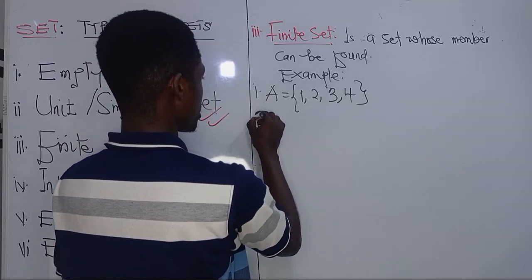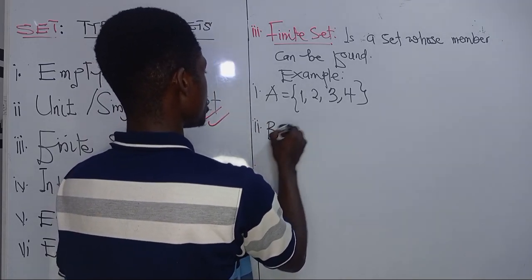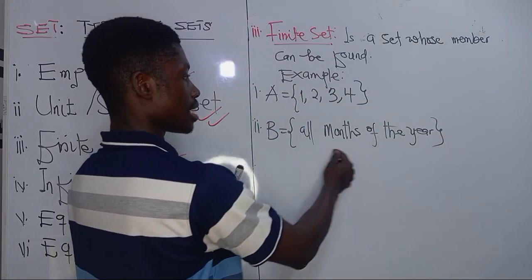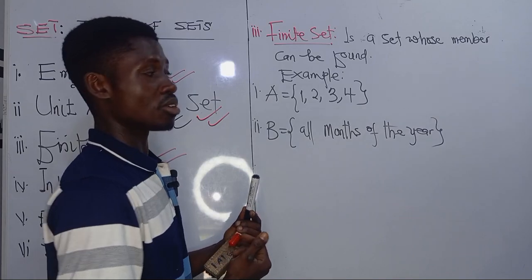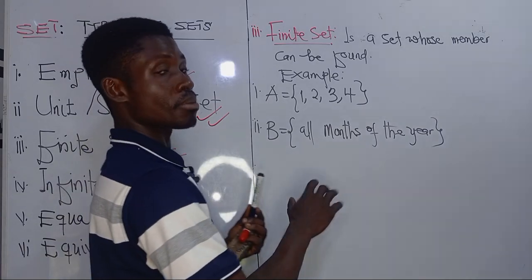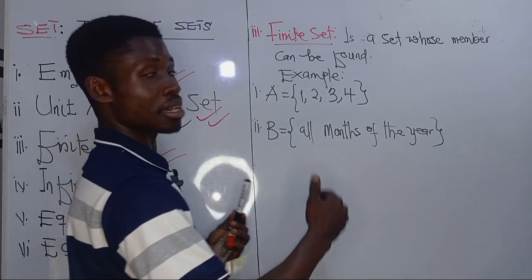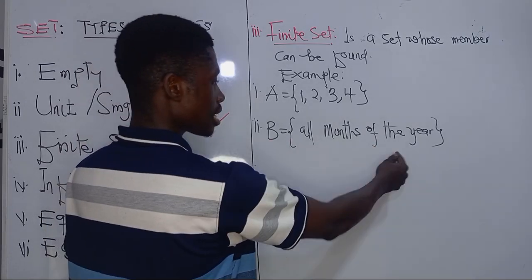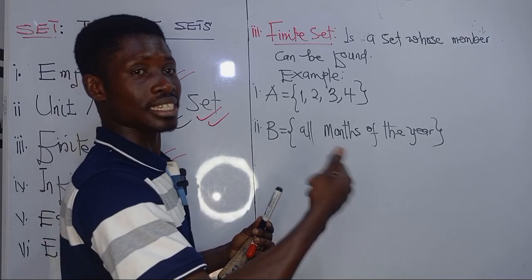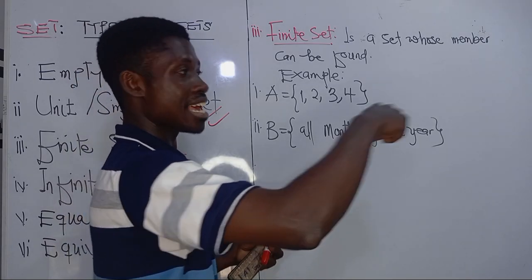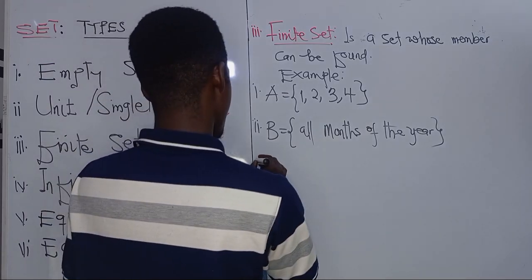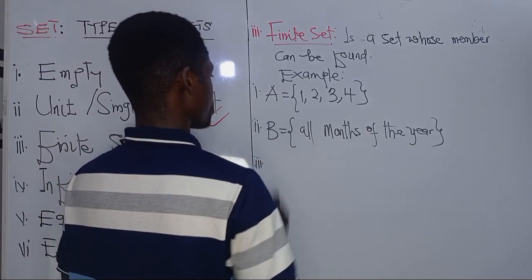Another example of a finite set is, let's say you have set B. This set B is also a finite set because we can list all the months of the year, and we know that the months of the year come to an end at where? December. So this set also becomes a finite set because we know the last element or the last member.